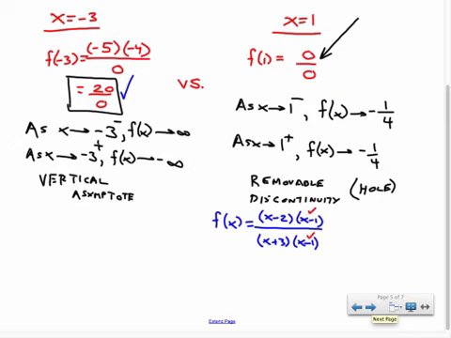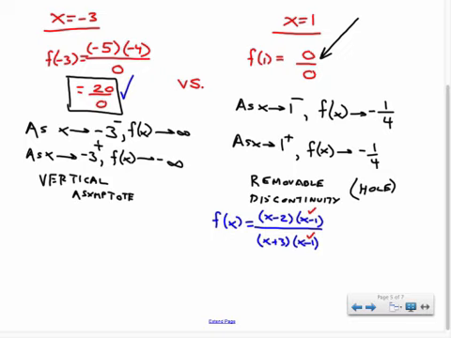That's the reason why this was coming out to be 0 over 0 if I tried plugging in 1. It's tempting to just cancel out the x minus 1's, because you do that with numbers all the time. Problem is, if I do that, I'll lose the fact that x can't be 1.